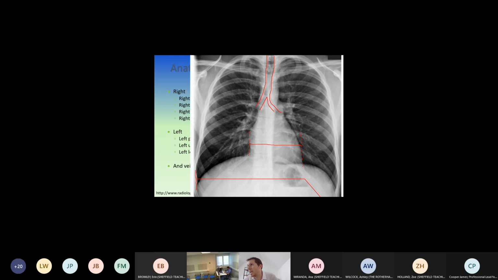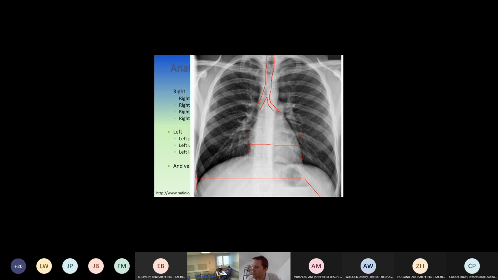Now this is a youngish patient's heart, probably 40 or younger. We see gradual cardiac enlargement as people get older, go into heart failure, put weight on, and gradually, when this becomes 50% or more, we say the patient has an enlarged heart.